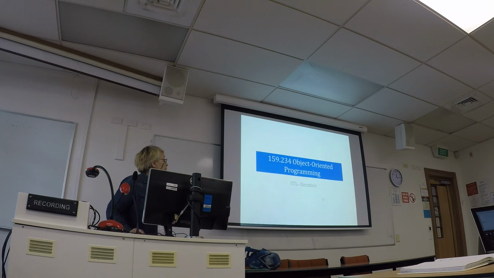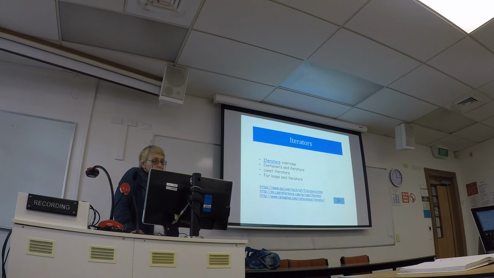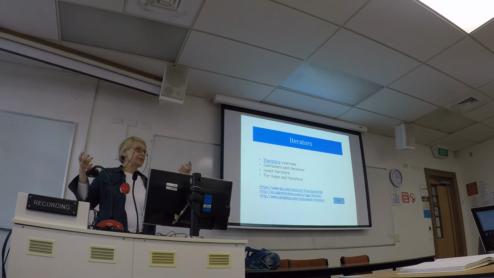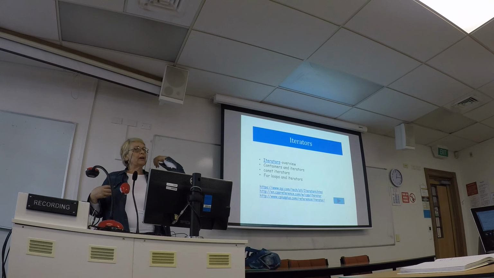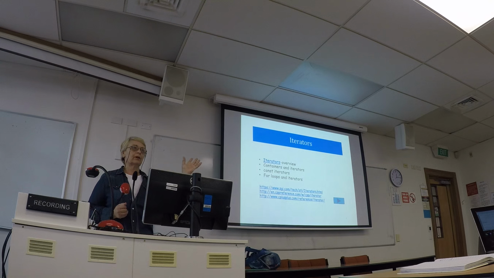We have started talking about the standard template library, and we looked at iterators. I mentioned that there are two issues about iterators. One is the hierarchy of iterators, which is not an object-oriented hierarchy. We have input iterators, output iterators, forward iterators, bidirectional iterators, and random iterators.